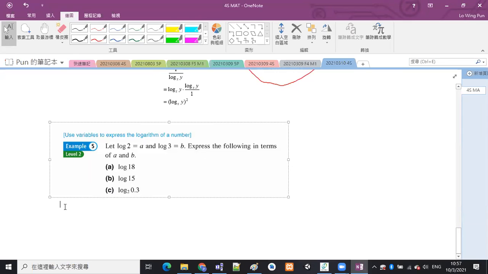So part A, I want to express log 18 to be in terms of A and B. The trick is to break down the number inside the log into a so-called product of prime factors. Okay, a product of prime factors. We need to express the number inside the log to be a product of prime factors.